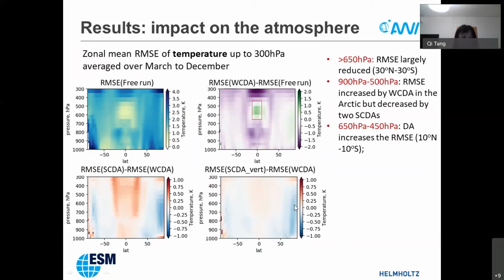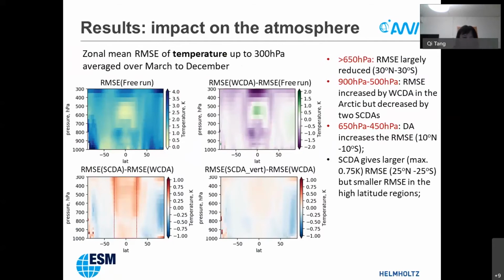Data assimilation increases the RMSE close to the equator, between 10 degrees south and 10 degrees north, between 650 and 450 hectopascal for both the weakly and the strongly coupled data assimilation.